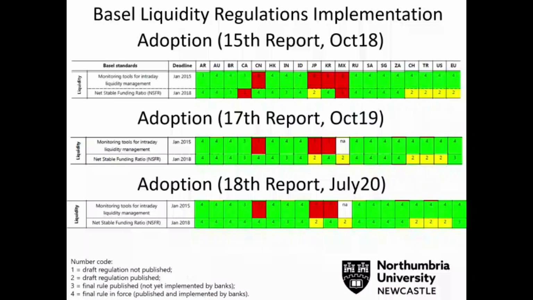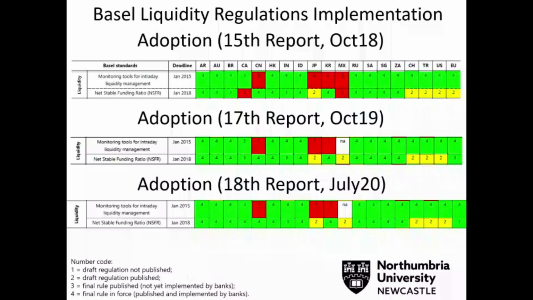But regarding the net stable funding ratio, you can certainly see some progress, notably through the three adoption reports I've got on the screen here. Canada have certainly made a lot of progress, going from 1 to 3 to finally 4 in the most recent report, actually having the rules in force. But there is obviously still room for improvement for a number of countries who are still at the draft regulation stage.